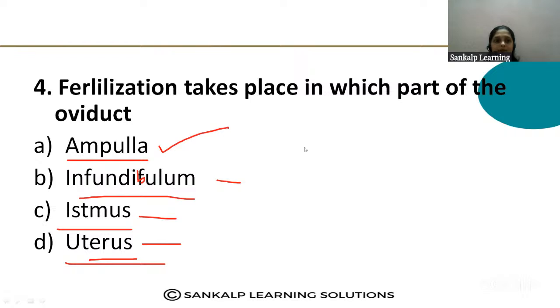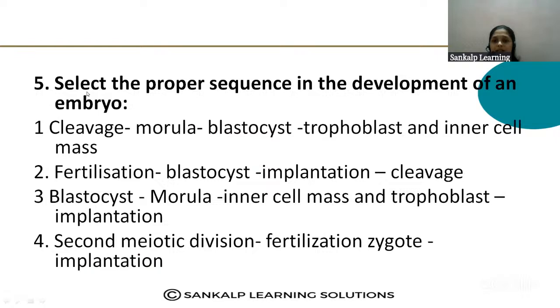Fourth one. Next question. Select the proper sequence in the development of an embryo. So observe the answer properly and write down the answer in your comment box. Here, select the proper sequence in the development of an embryo.